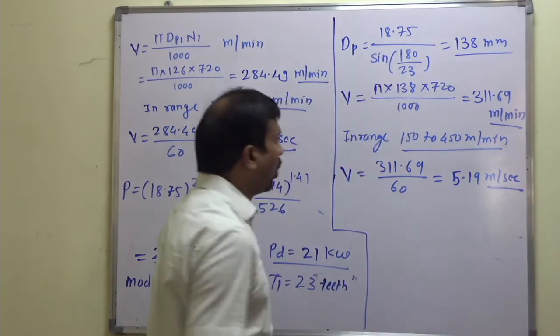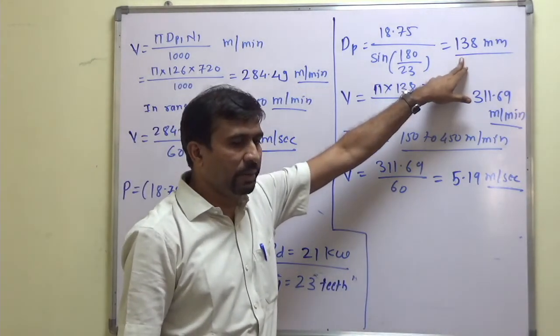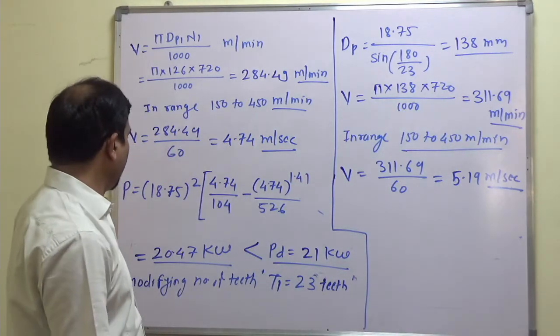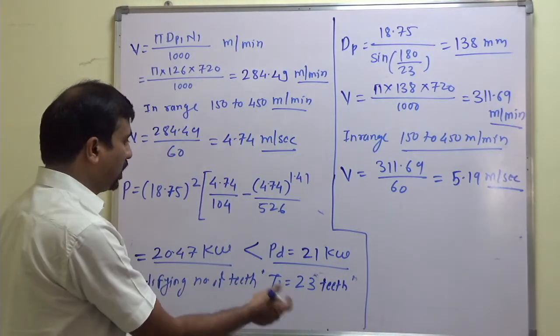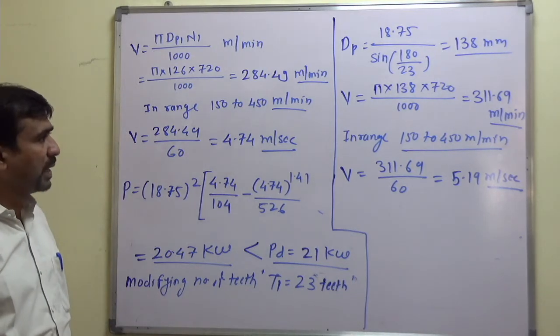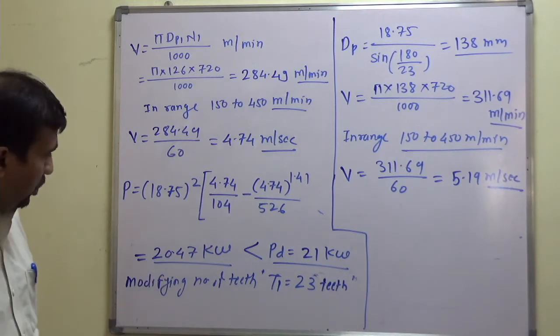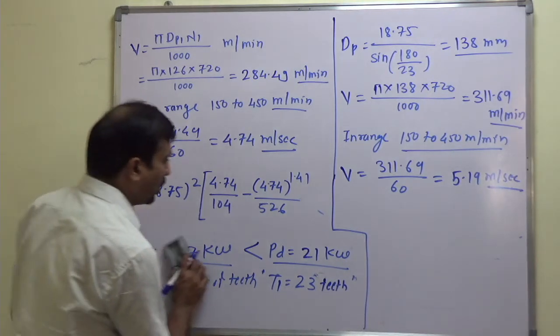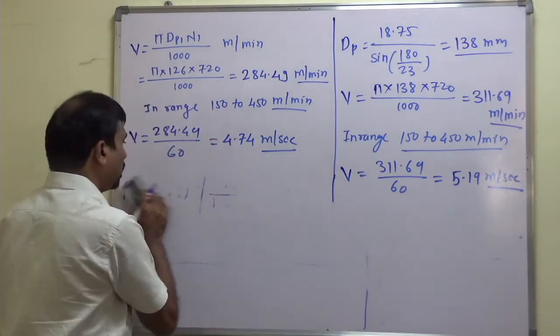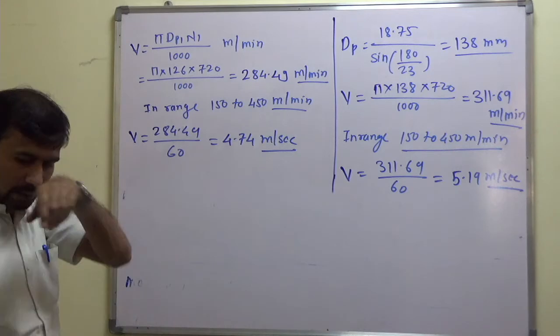So you got modified value of V, modified dP, and the number of teeth also we have changed. So again we will calculate power capacity with these modified values. I am writing the equation for putting the values in the equation of power capacity.